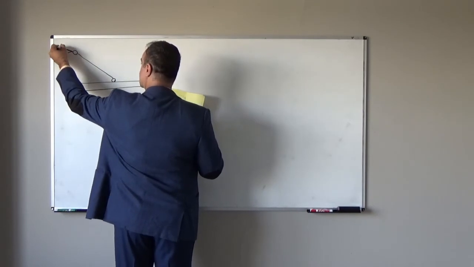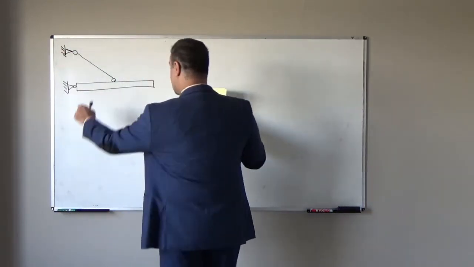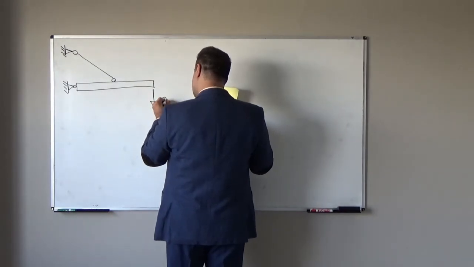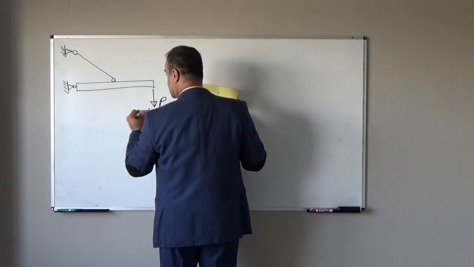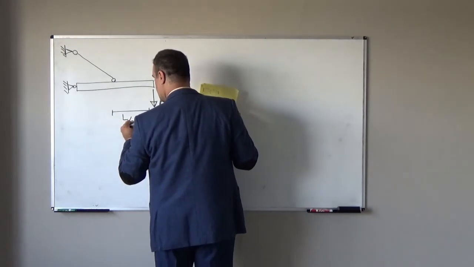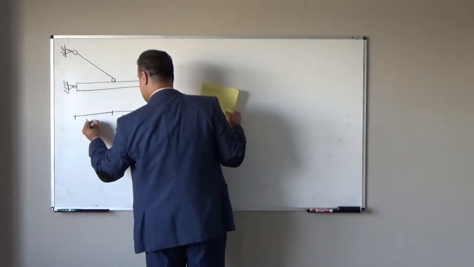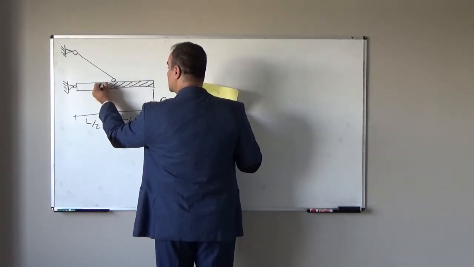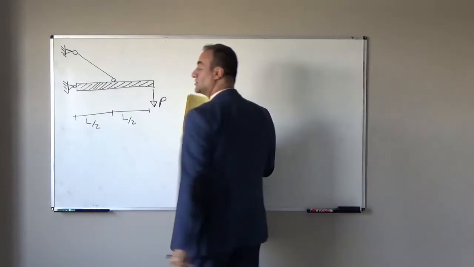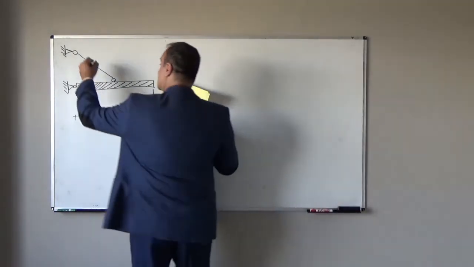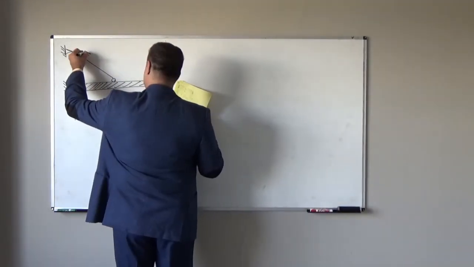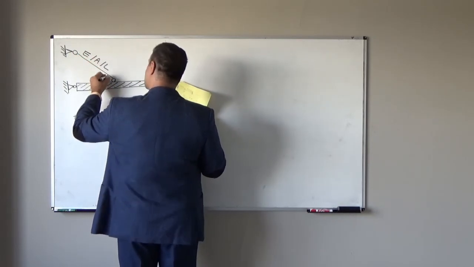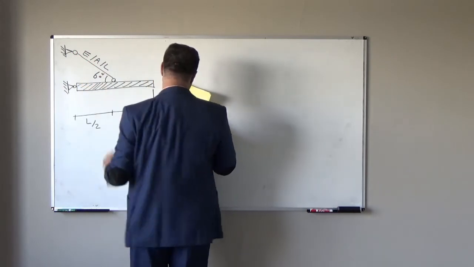Again here we attach to this hinge support, and it is horizontal initially. I apply force, external force P here. Length from here to here it is L over 2. From here to here it is L over 2. This is a rigid beam, so we neglect the deformation of this beam. Young modulus for this rod, it is E. Cross-sectional area, it is A. Length is L. This angle is 60 degrees.